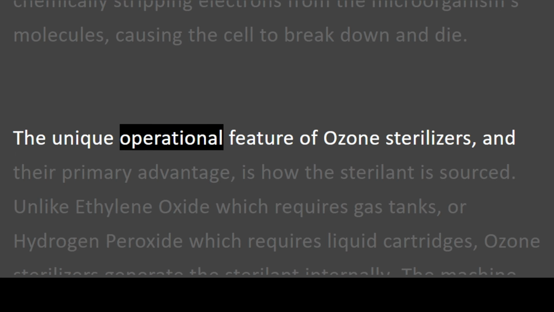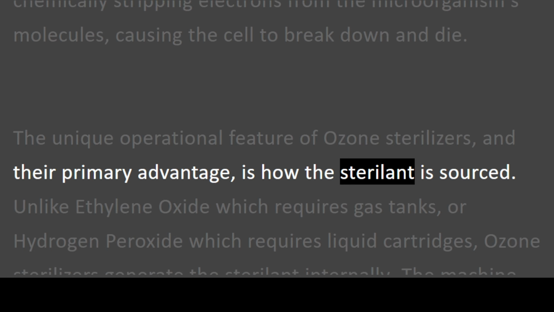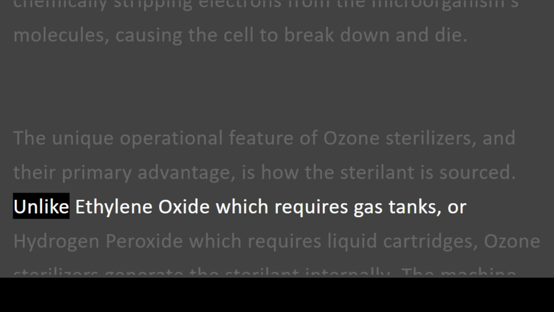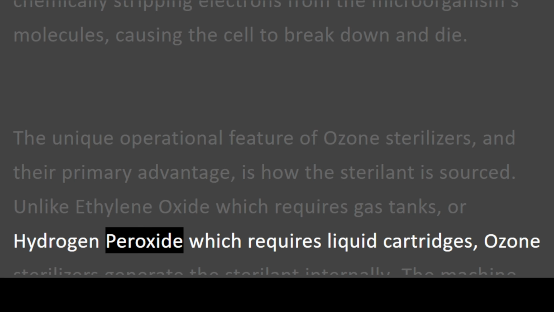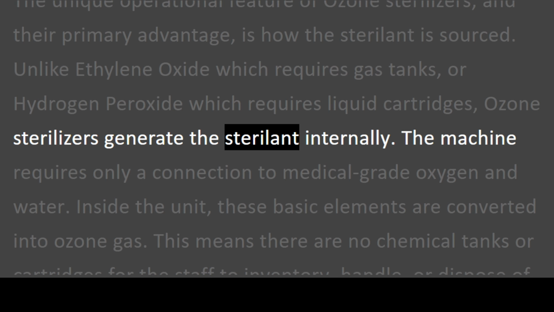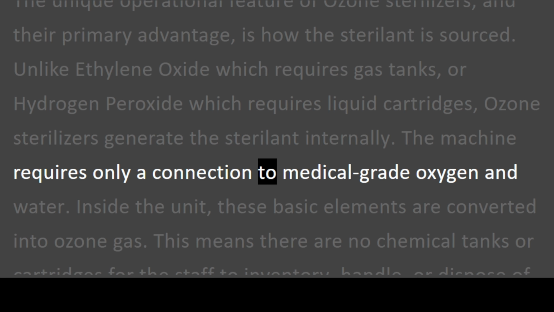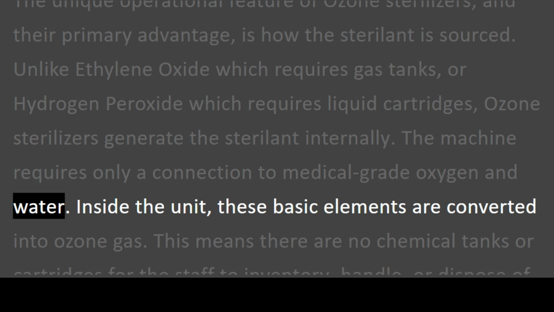The unique operational feature of ozone sterilizers, and their primary advantage, is how the sterilant is sourced. Unlike ethylene oxide, which requires gas tanks, or hydrogen peroxide, which requires liquid cartridges, ozone sterilizers generate the sterilant internally. The machine requires only a connection to medical-grade oxygen and water.